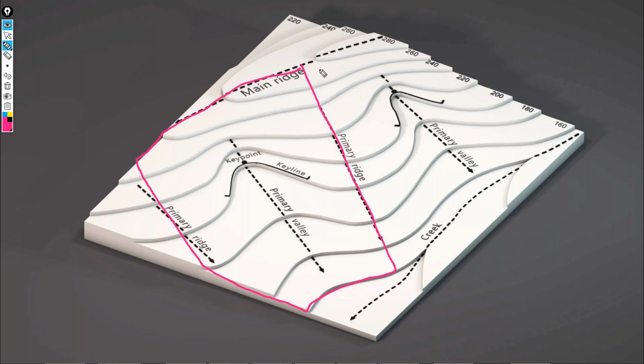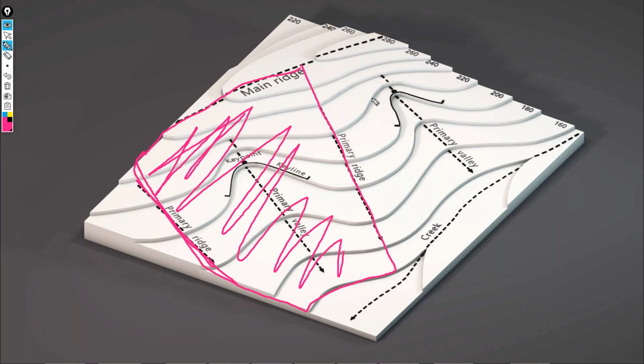So the main ridge above will act as a boundary on the top. A primary ridge on one side will act as the boundary. The primary ridge on the other side will act as a boundary, and the creek, secondary valley, or the floodplain below will act as the bottom boundary. So this area is defined as a primary land unit.